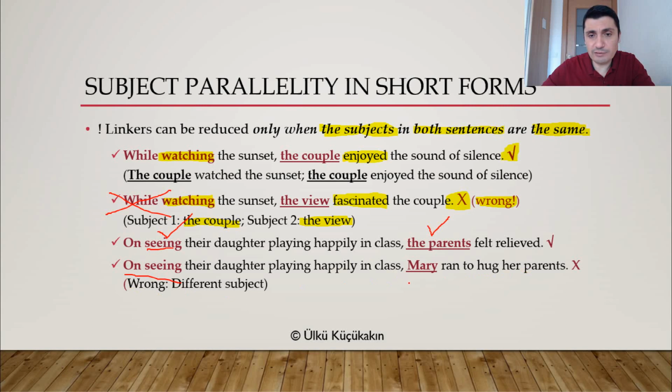This is a wrong sentence. Running is done by Mary, the daughter, but seeing is done by the parents. So you can simply say, after the parents saw their daughter playing happily in class, Mary ran to hug them, you would say, right? So this is so important, people. If you want to make it shorter, you need to have same subjects.